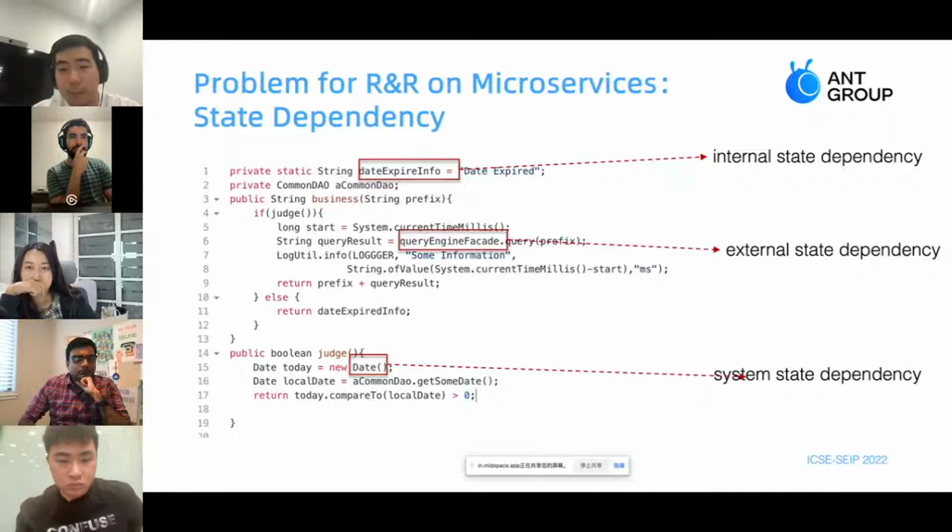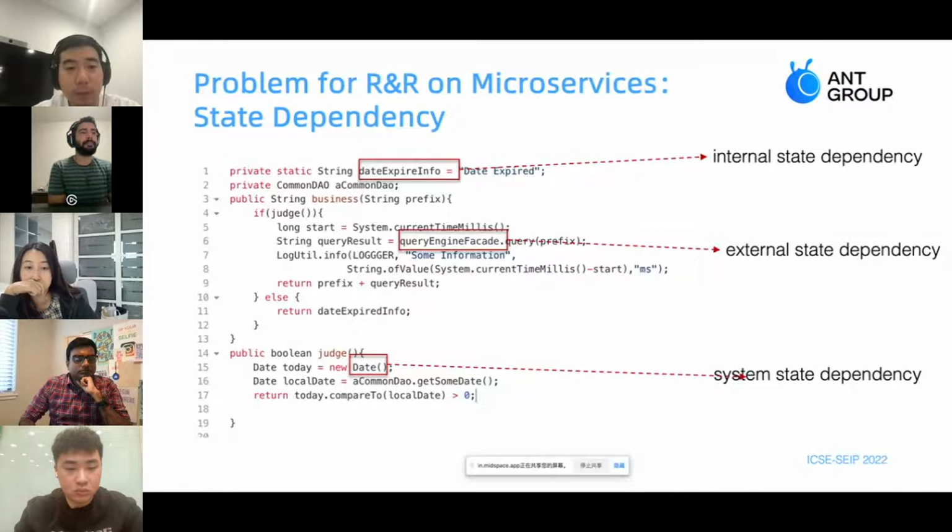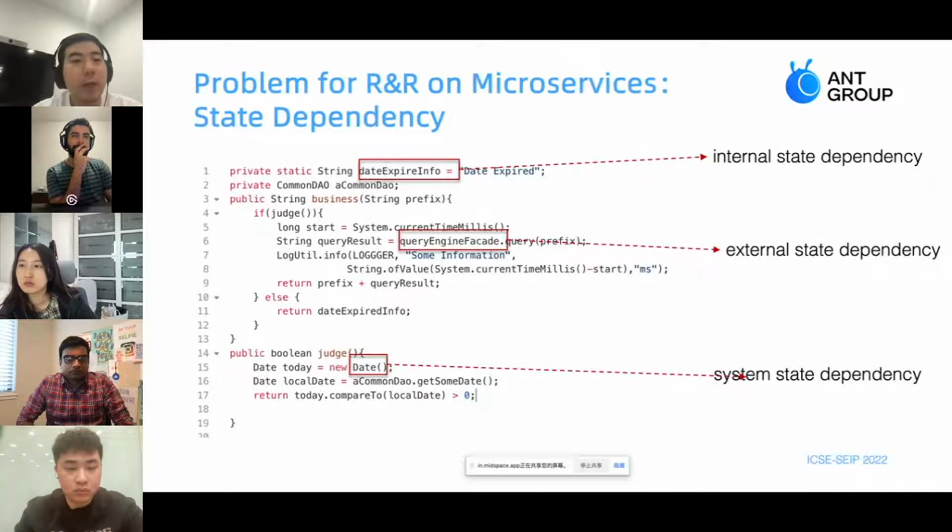The last one is the system state dependency, like system functions which return the date, and also random values. Such state dependencies make the output different even with the same version of the microservice.